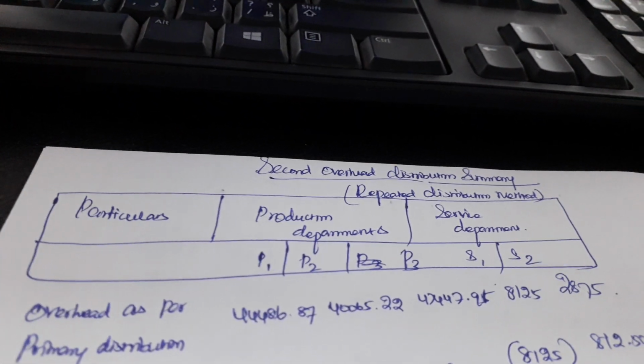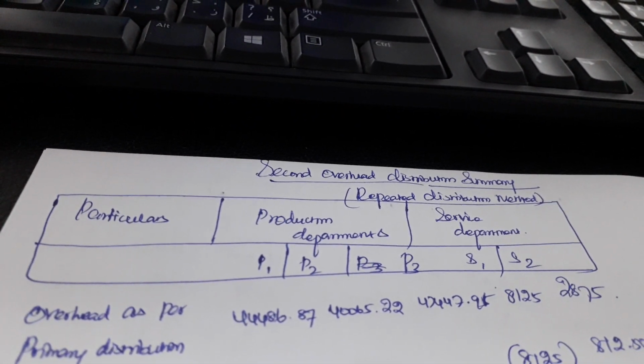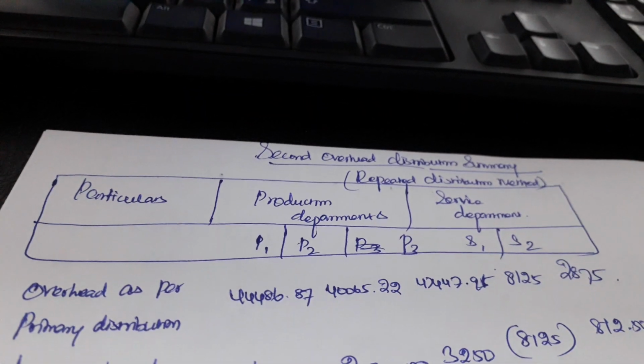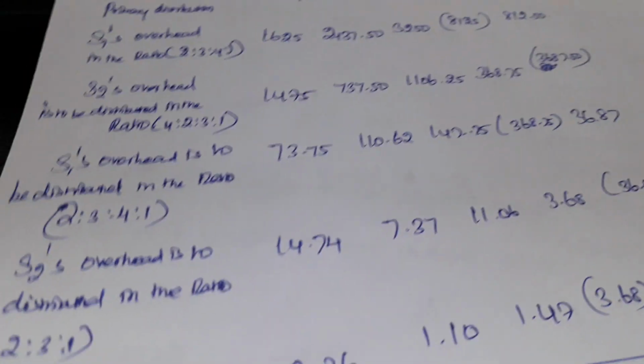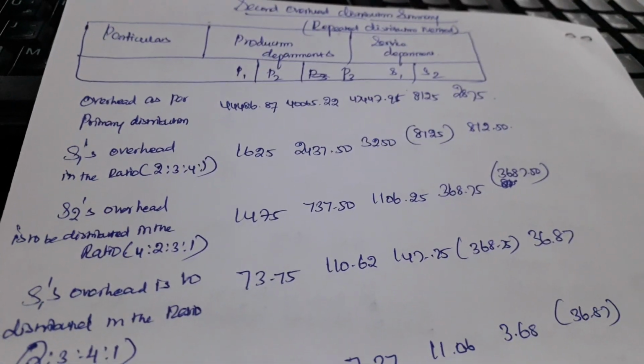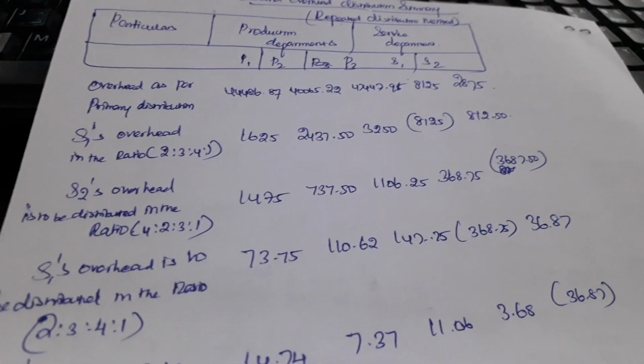This is the format of the secondary overhead distribution summary: particulars, production departments and service departments. It is a method of repetitive distribution. Repetitive distribution means we distribute the service department values to production departments until we get a single digit.